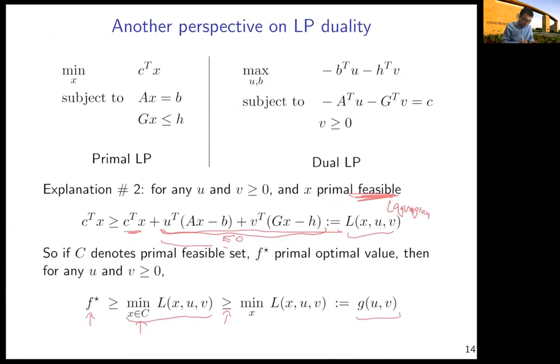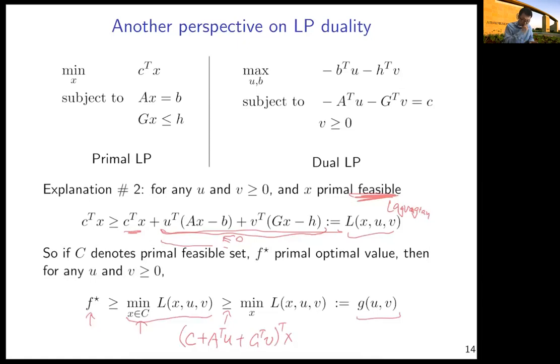First of all we have c, plus a transpose u, and then the third term that depends on x, plus g transpose v. So these are all the coefficients of x.